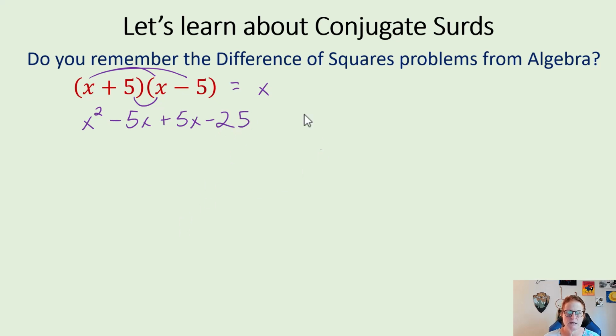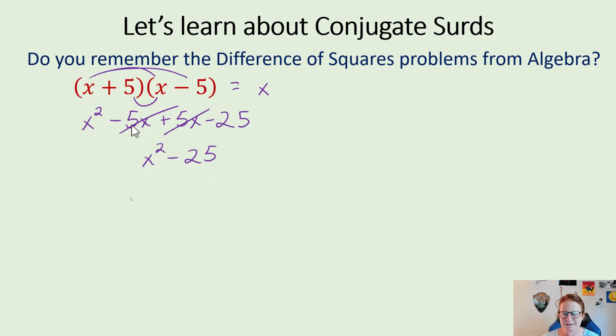The whole key on a difference of squares is if you look here, I have negative 5x plus 5x. These cancel themselves out. This becomes 0. So I'm left with x squared minus 25. Now when we get into factoring, you're going to have to recognize this format of x squared minus 25.